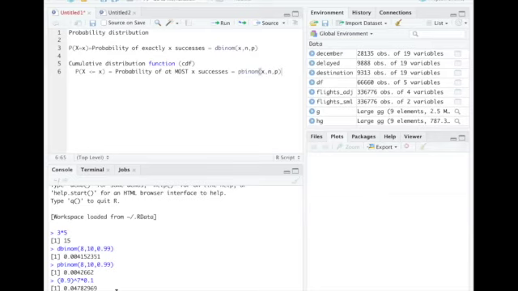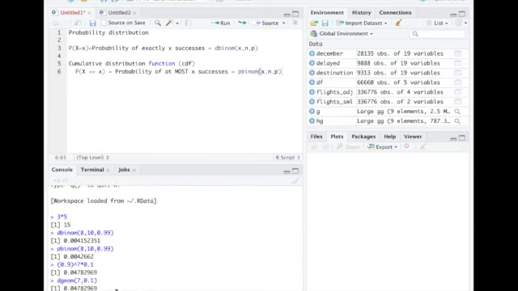Or we can say, what is the probability of getting exactly 7 failures before the first success? And R will calculate that all at once.